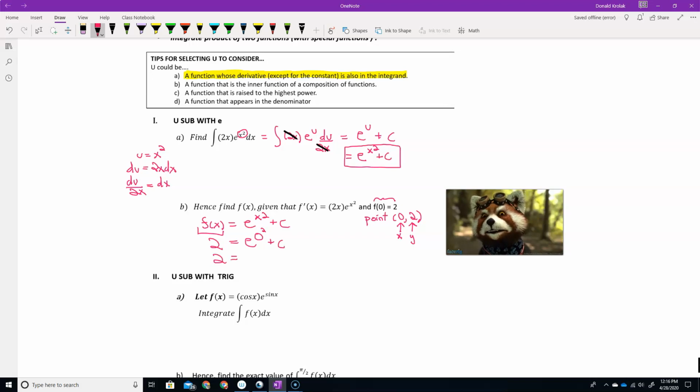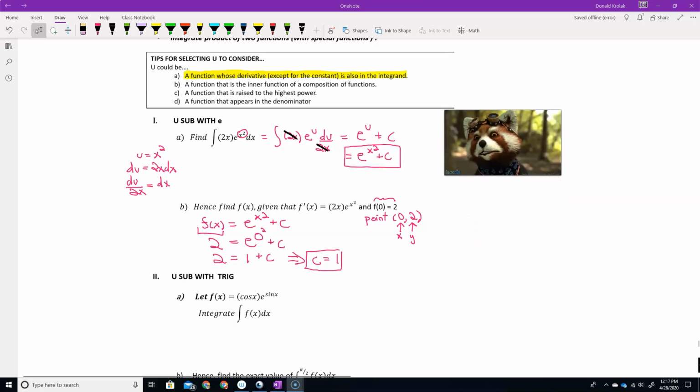So any base to the 0 power is 1. So I know that c is equal to 2 minus 1, or 1. Okay, now I can write my antiderivative as e to the x squared plus 1.